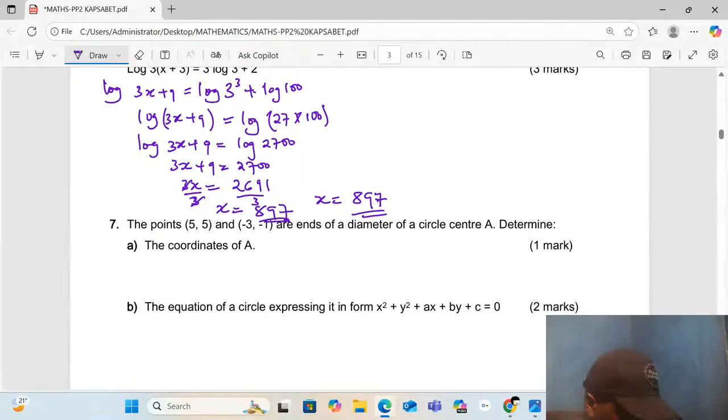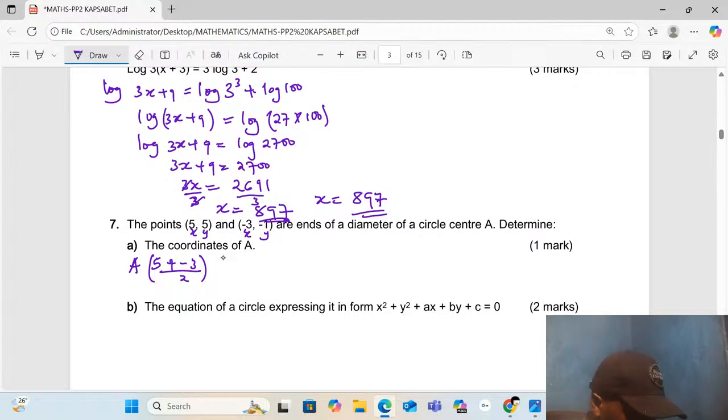That one is simple. To find the coordinates of A, you take the values of x, that is 5, this is x, y, x, y. Take the x, so 5 plus -3 divided by 2, that is now the value of x.